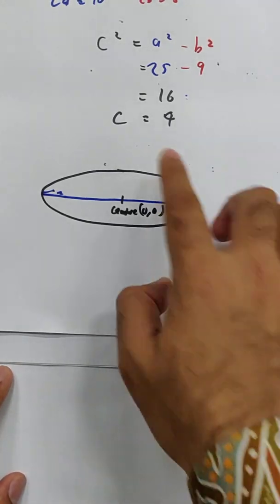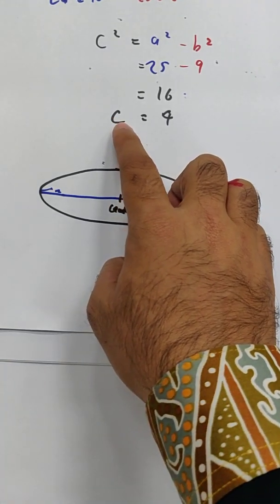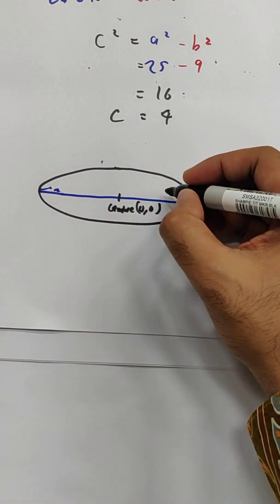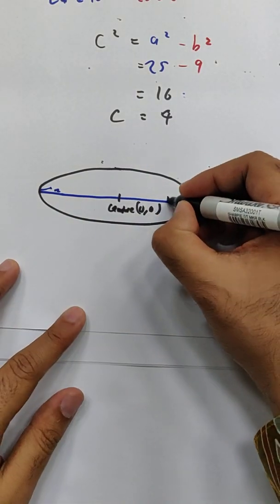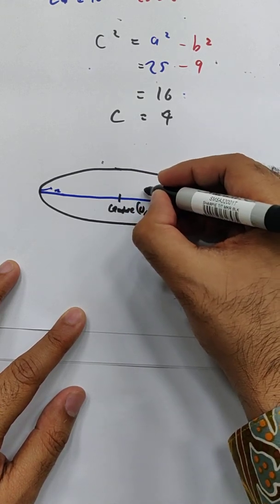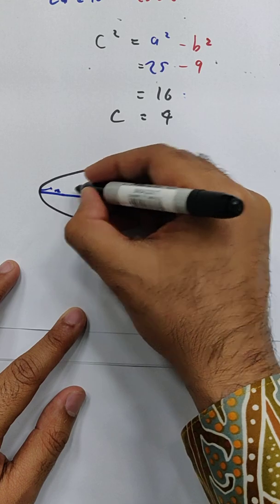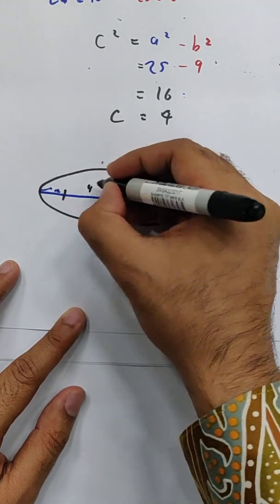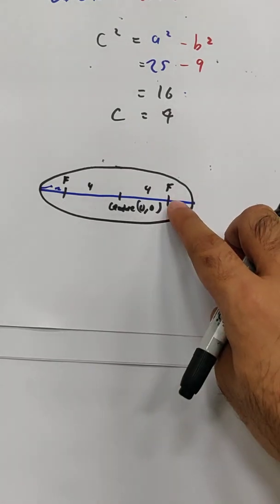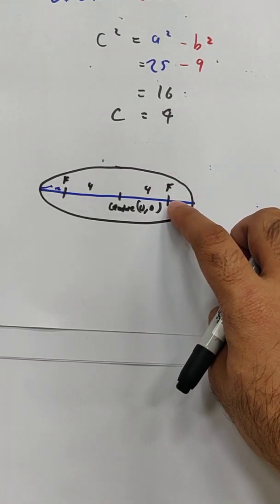No, sorry. What about the foci? c is foci. It's horizontal. What's the distance here? 4. Another one is? Now, can we find the coordinate for the foci?